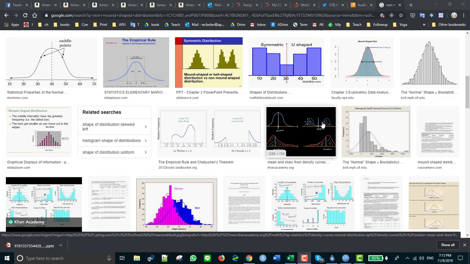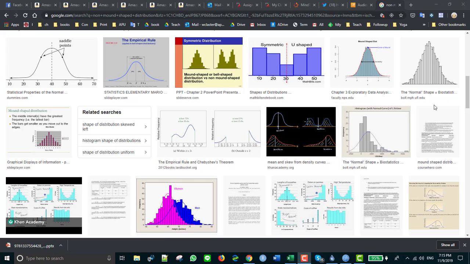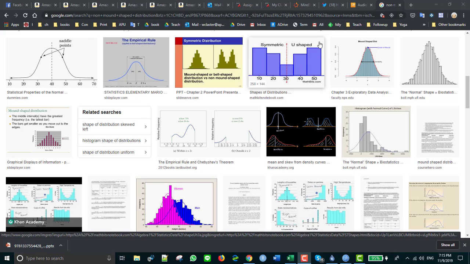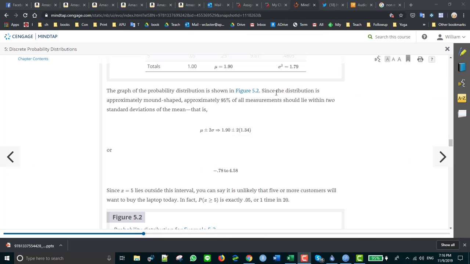This we would say is mound-shaped. This is maybe mound-shaped. This one they wouldn't call mound-shaped; it's like a U. So when the distribution is approximately mound-shaped, here's how we can use sigma.